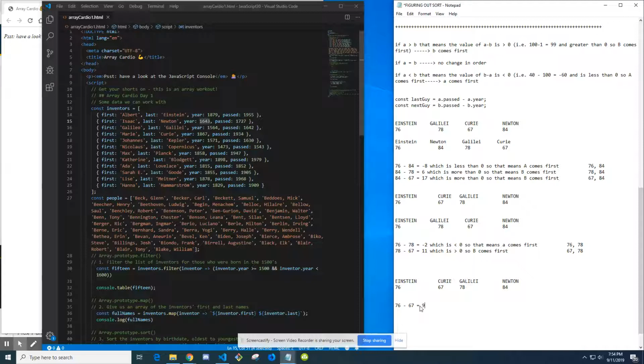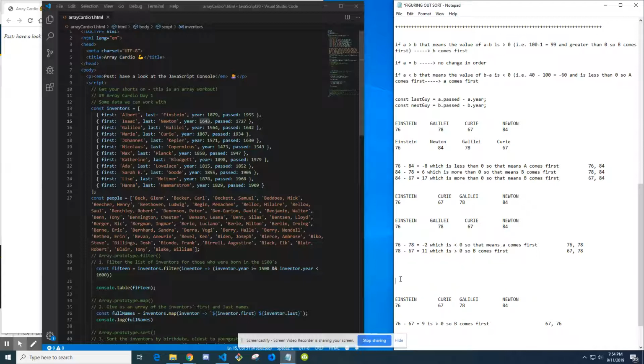Yeah, 9 is greater than 0. So greater than 0 is B. So B comes first. So that is 67, and then 76. So B is first, and then A.